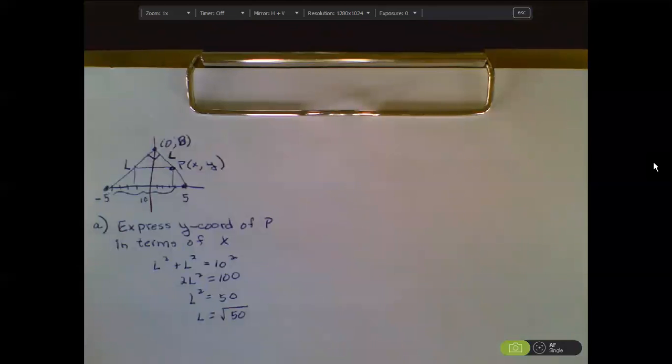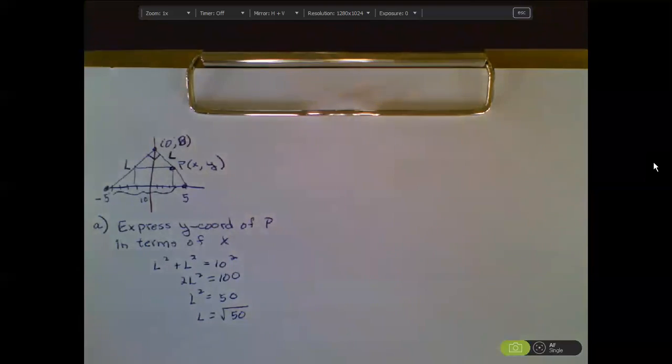Y-coordinate of P in terms of X. The hint on the problem says write an equation for the line AB. Write an equation for what? The line AB.